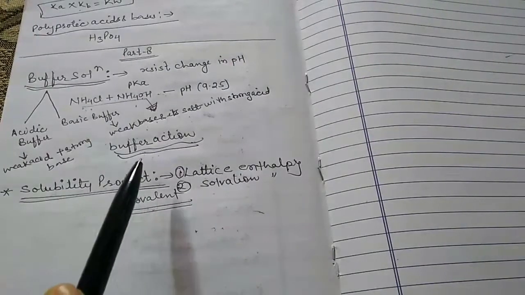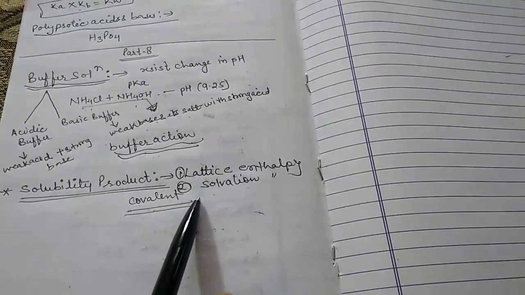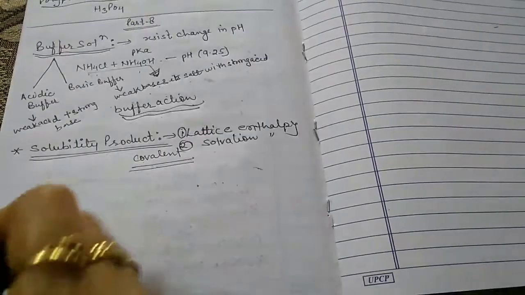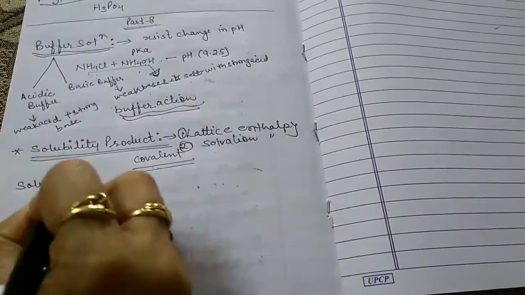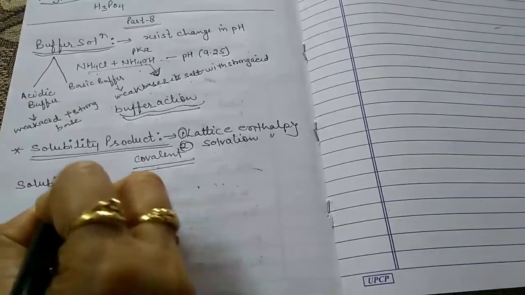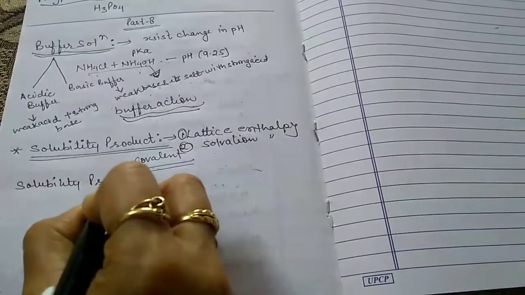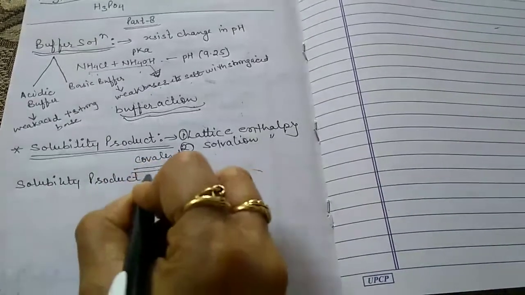Each salt has a characteristic solubility which depends on the temperature. Now under this heading, the next heading is solubility product constant.